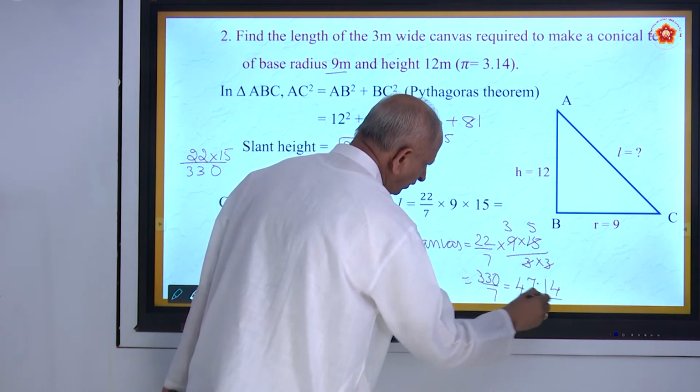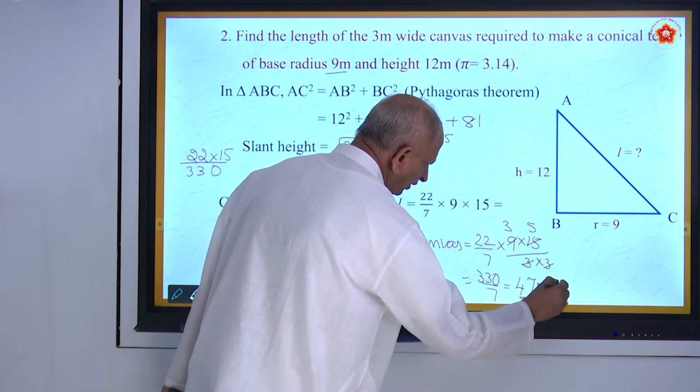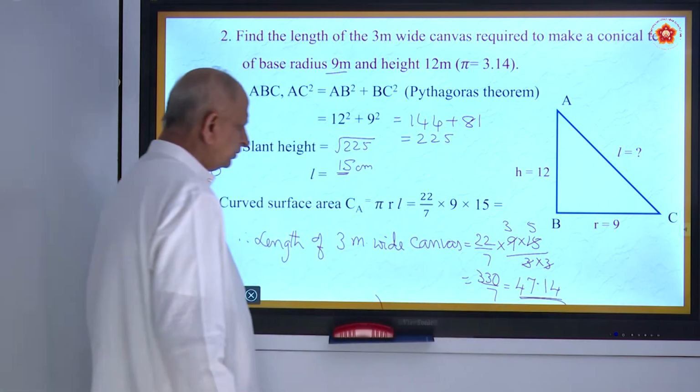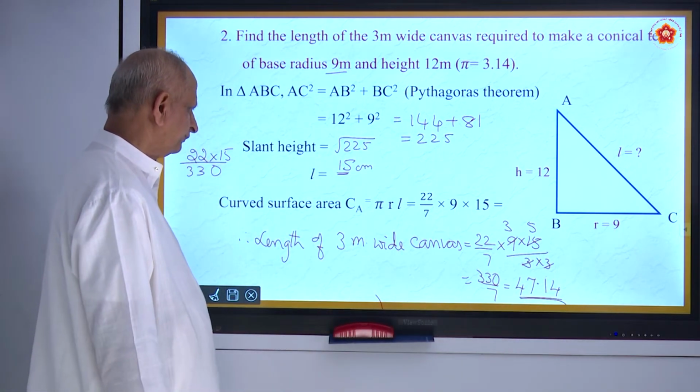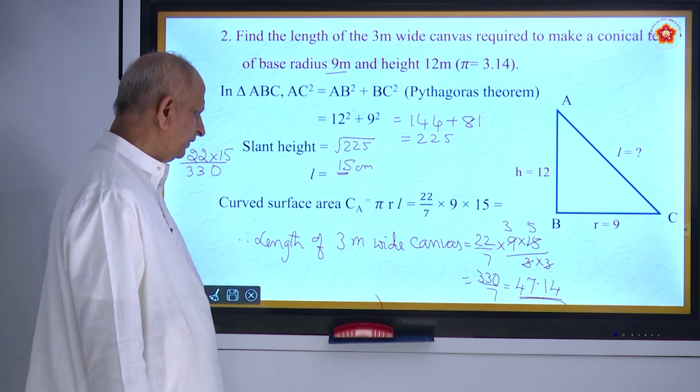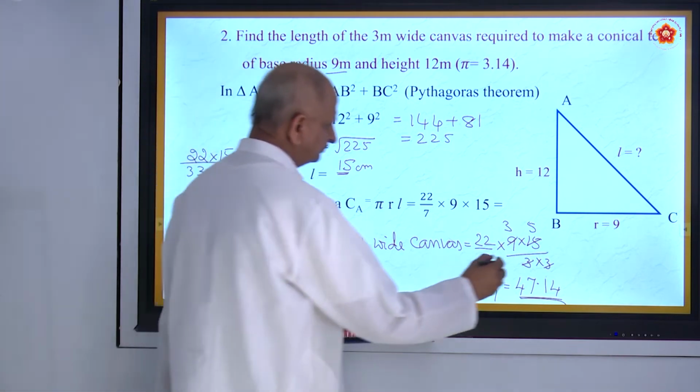So you can say 47.14 you get. So the length will be so much of meters.